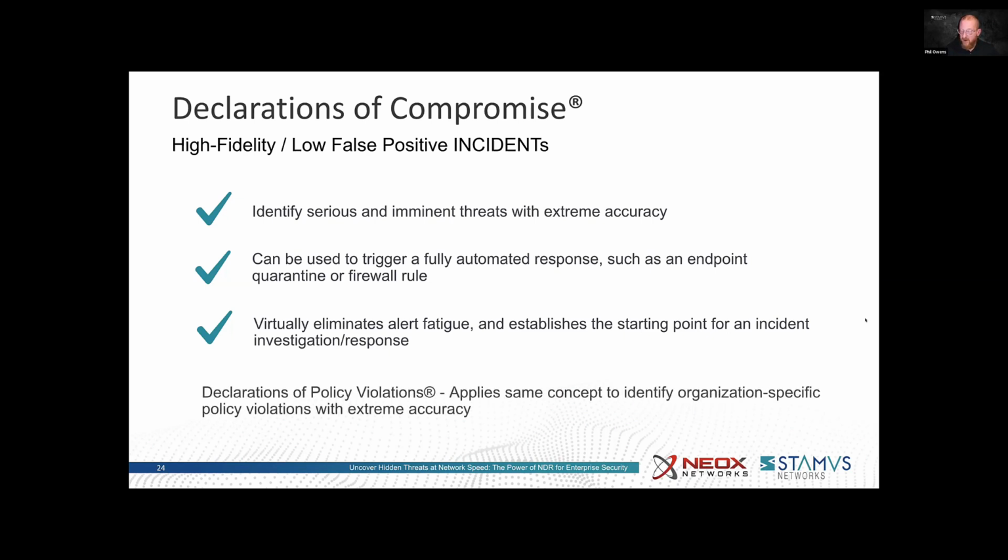We also have something that we call declarations of policy violations. Same concept, except it's for things that aren't necessarily threats, but fall in line with your security posture and give you ideas that there are things like clear text passwords flowing across the network, or maybe there's Tor traffic, even though your policies say that shouldn't be happening. Things like that can actually be seen.